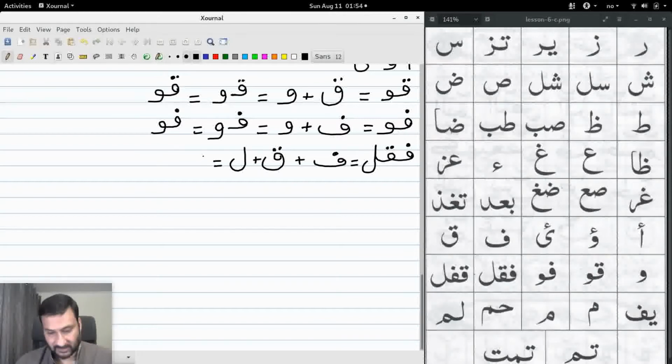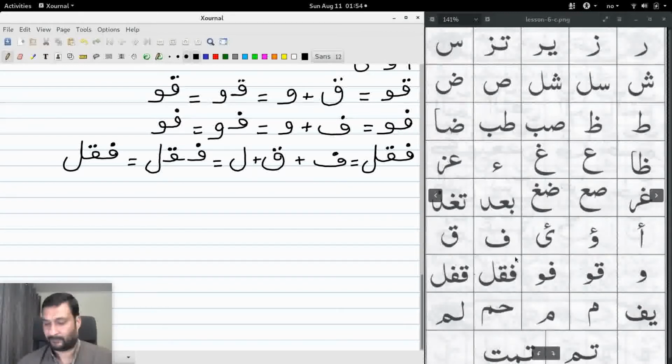Since fa is in the beginning, it takes this form. Qaf is in the middle, so qaf takes this form, and then lam joins it at the end and retains its shape. So overall it looks like fa, qaf, lam, like so. This one. The next one is qaf, fa, lam.